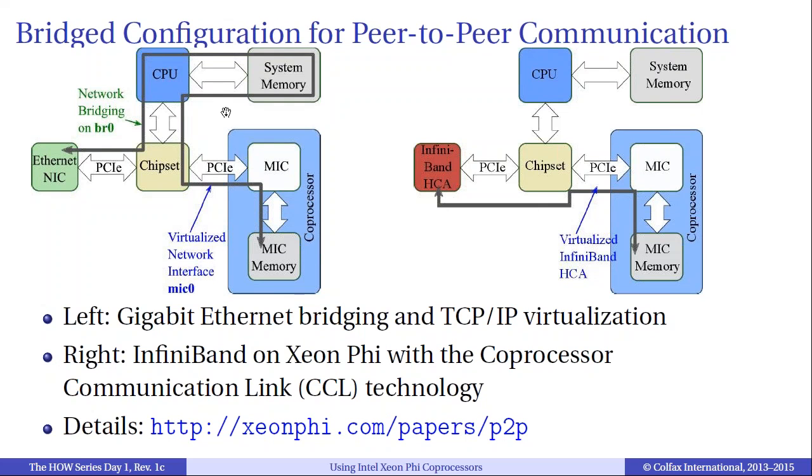So by default, the CPU has a Xeon Phi coprocessor, and the CPU is the host. It has a network interconnect, such as a 1 gigabit Ethernet. By default, Xeon Phi does not see this network interconnect. By default, Xeon Phi can only communicate within the system. But you can tweak the configuration as described in this paper so that Xeon Phi joins the network of the host.